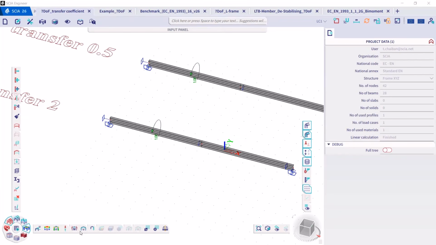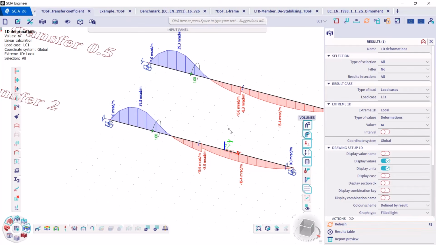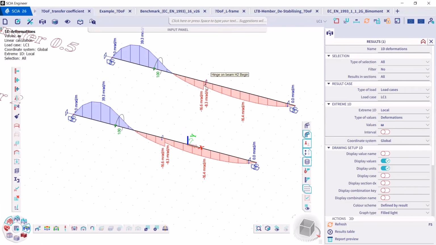If we look at the new types of results, for example, if you look at 1D deformations, you see that we now have this omega available. And if we ask for omega, you can see that we have the exact same results in both modeling options. And you can see that the value on the left side is double the value on the right side.